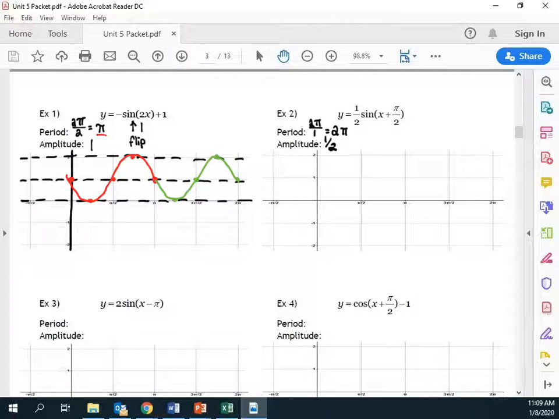Which means that in a 2 pi gap, which if you look at the graph, guys, goes from 0 to 2 pi, how much of this sine are we going to be able to draw? Half of it. Because B is equal to half. I'm sorry, I'm talking about the period, aren't I? Amplitude. Amplitude means how far up we're going, isn't it? So with it being half now, before it was 1, now it's half. So what's that going to do to the graph? Good, you guys got it.